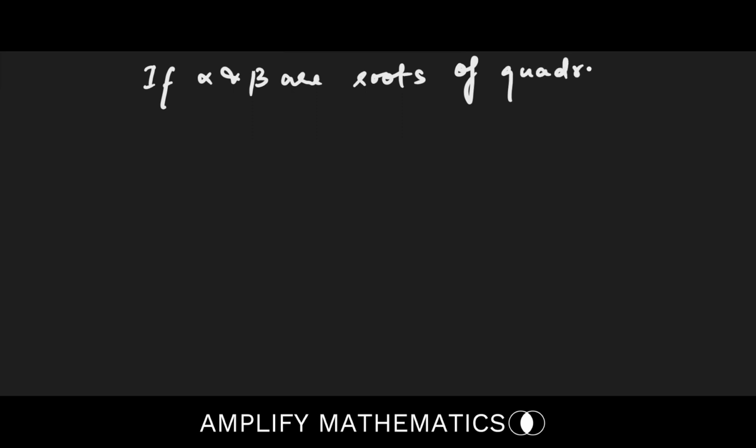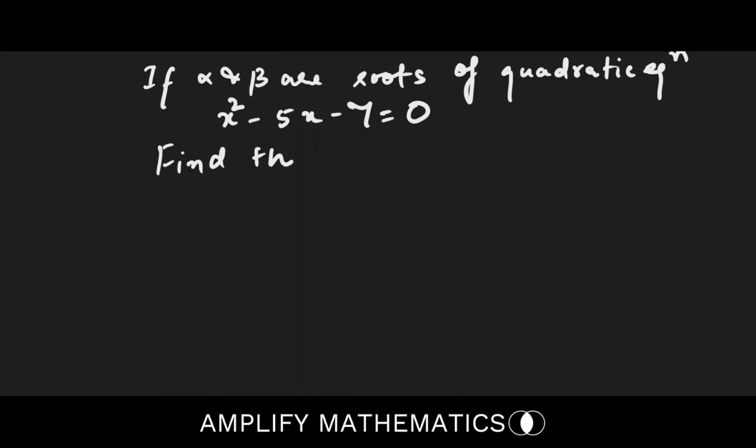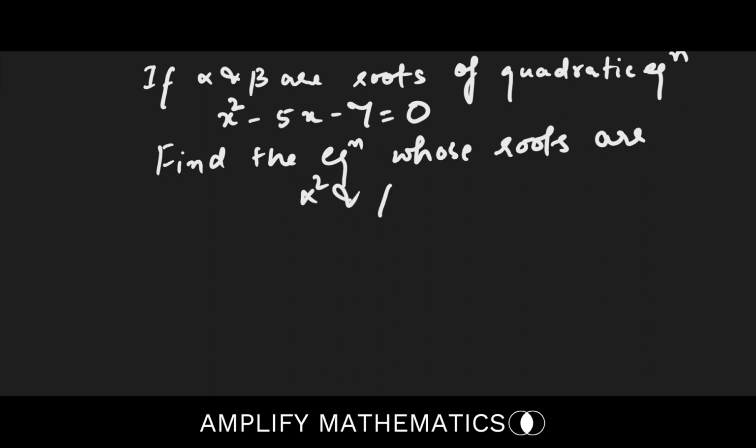Now let's take another important example. If alpha and beta are roots of the quadratic equation given by x square minus 5x minus 7 equals 0, then find the equation whose roots are alpha square and beta square.